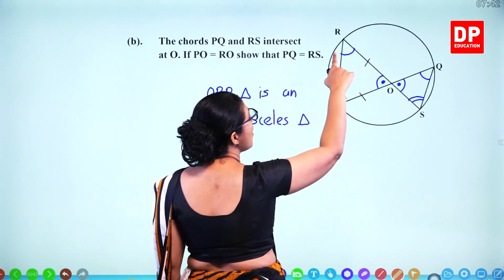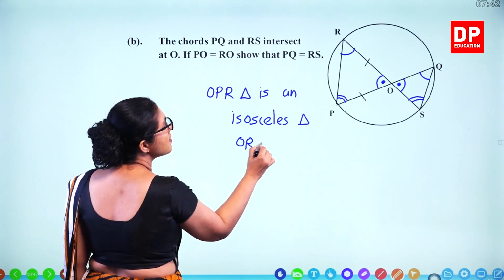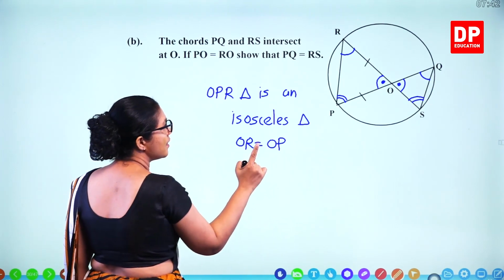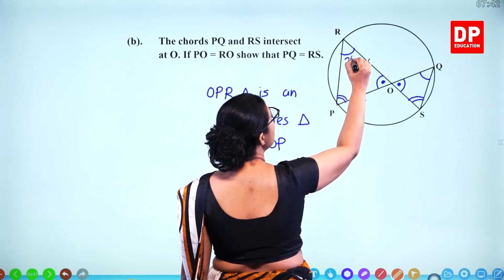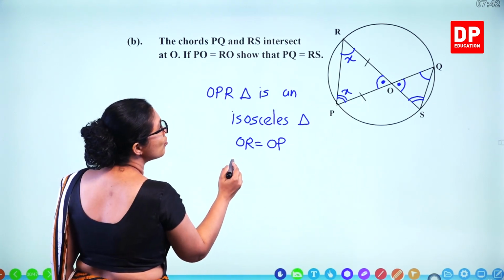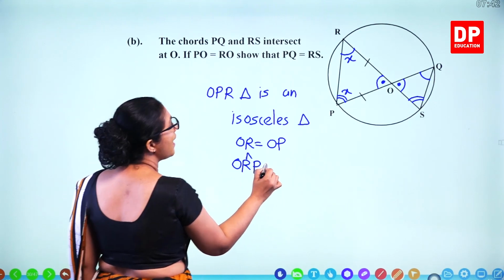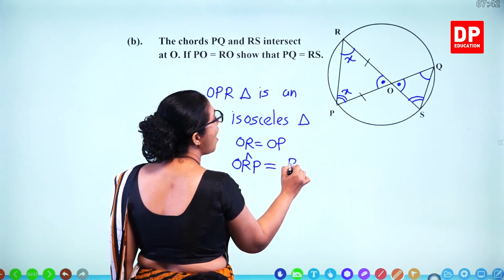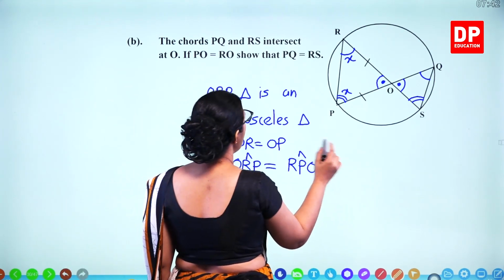This is an isosceles triangle because OR is equal to OP, given. Then what can you say about this angle and this angle? Both are equal. So you can write ORP angle is the same as RPO angle because of the isosceles triangle.